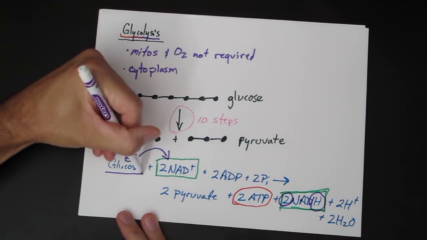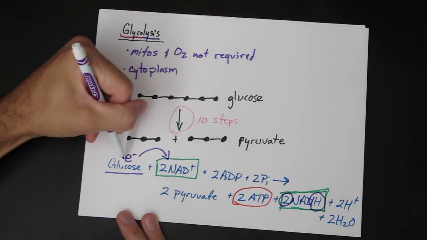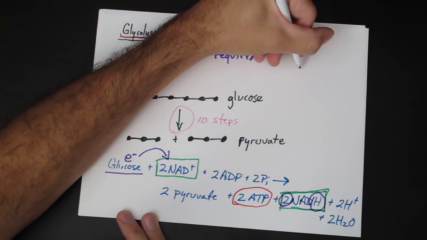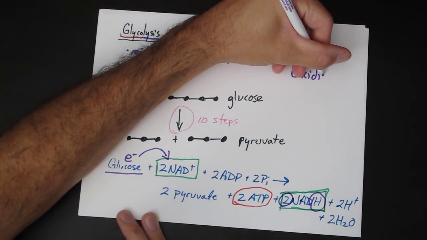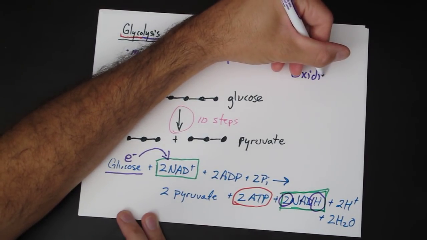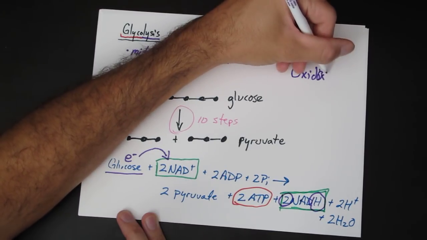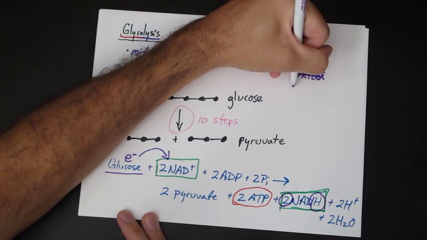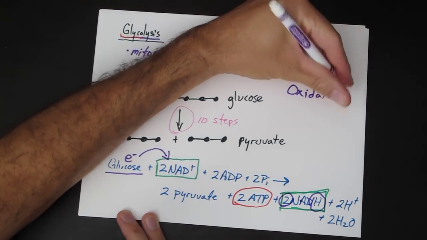When I take an electron off of something, in this instance I'm taking an electron off of glucose, I say that that thing has been oxidized. Oxidation, right?